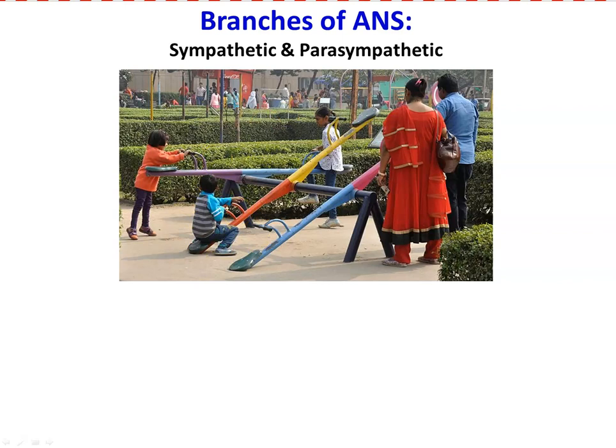So what I want to draw for you folks right now is 2 seesaws. I'm just going to draw 2 fulcrums, 2 focal points here where I can draw my seesaws. And I'm going to change my color. I'm going to use 2 colors, blue and red. So this first blue part is going to be up this way. And this is the part of the seesaw that is parasympathetic.